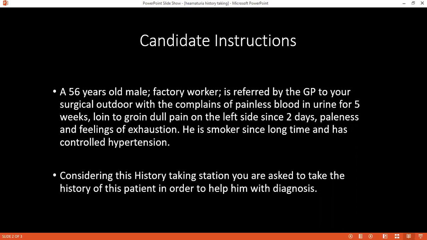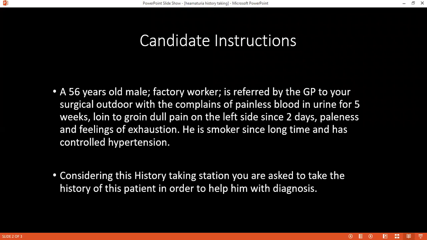Any recent trauma or anything else? No, I never experienced any trauma. Okay. All right. How often do you get up at night to pass urine? Can you summarize your history now, please? Yes, sir.